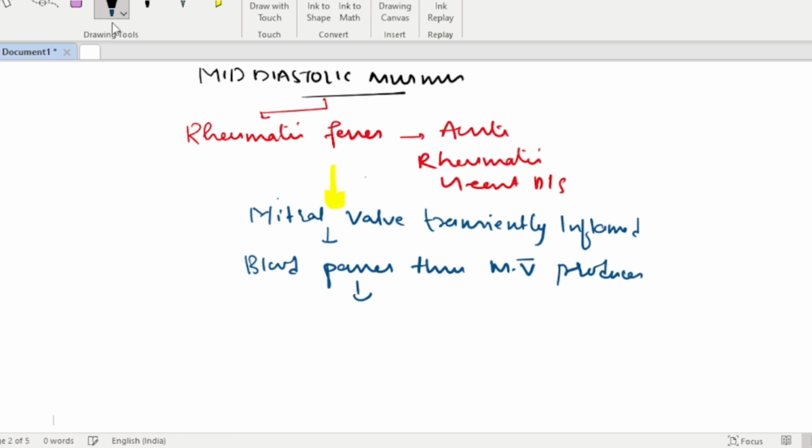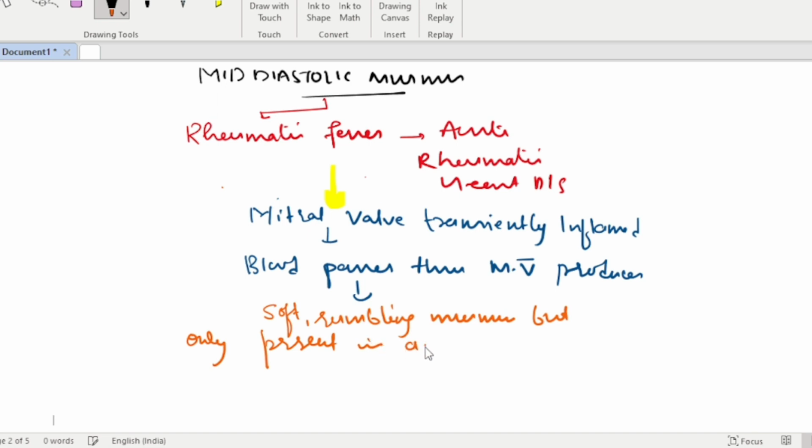It produces a soft rumbling murmur, but only present in the acute stage. Later it will disappear. This is what we call the Carey Coombs murmur.